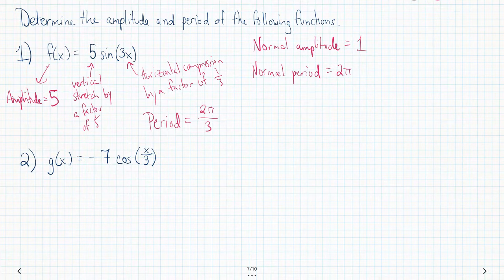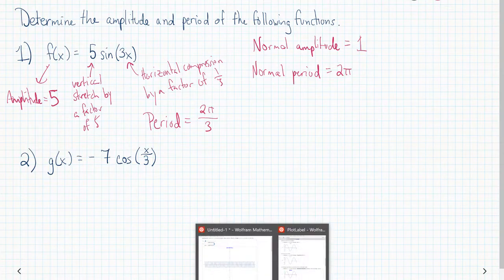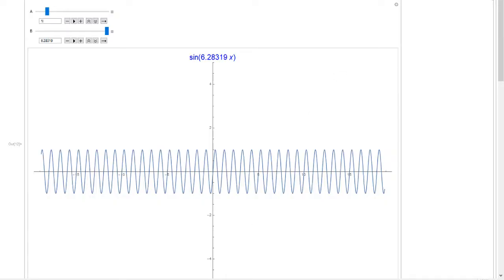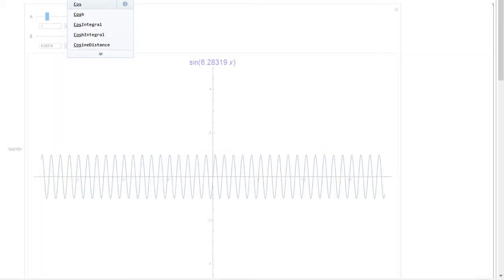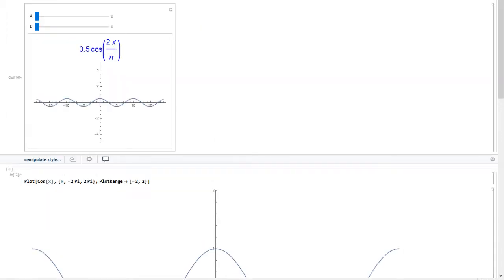So in the second case, the same thing happens for cosine. The amplitude, if you don't believe me, I mean, you saw it just a second ago. I can bring it up and we can do the same thing. So if I change this to cosine, and then I'll change this to a times cosine of bx. Okay, so now we have a cosine function.